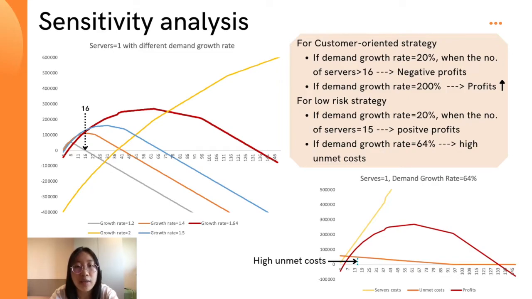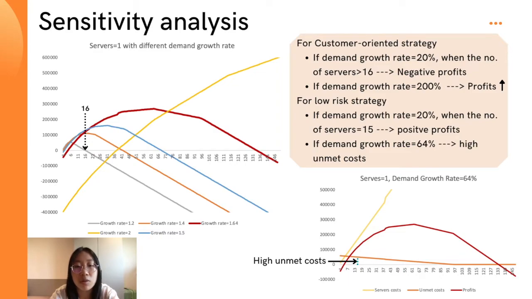On the other hand, if the company chooses a less risky strategy of growing by one server per year, it can be profitable if it uses 15 servers, even with a low growth rate of, say, 20% in customer demand.